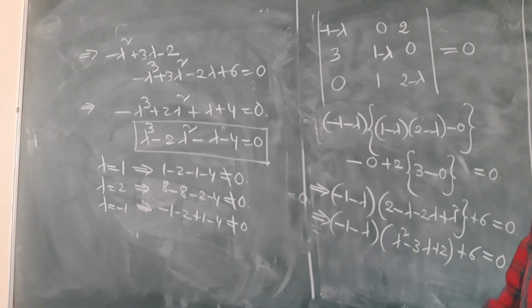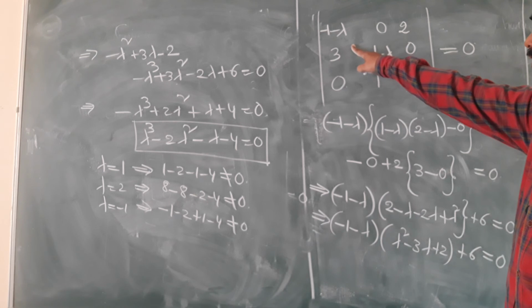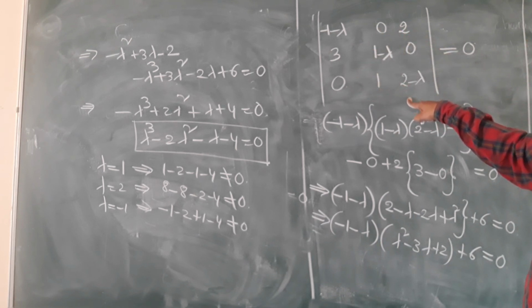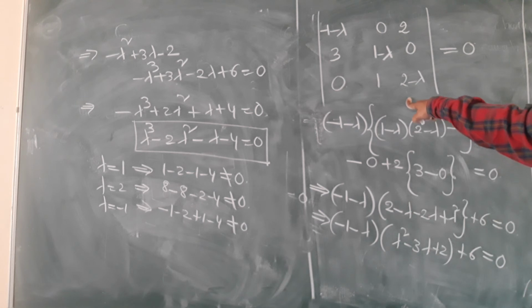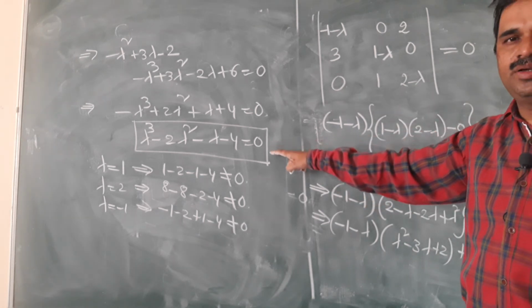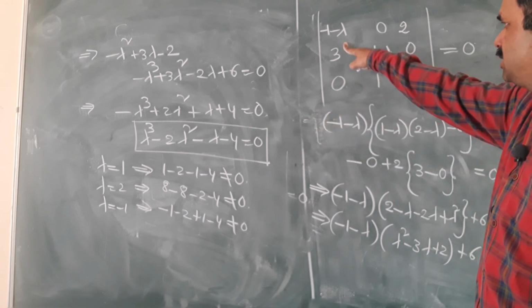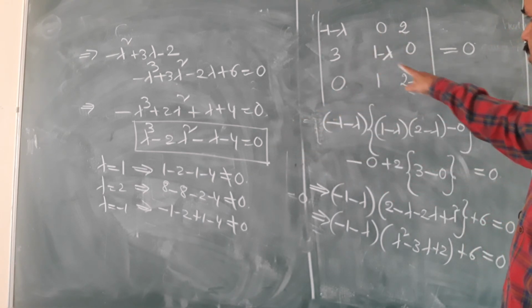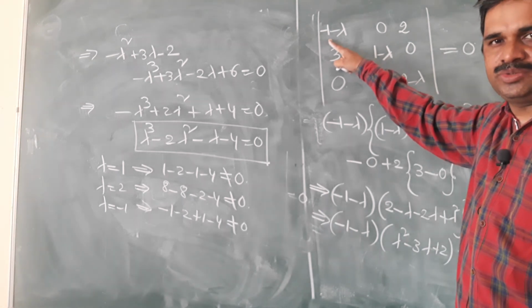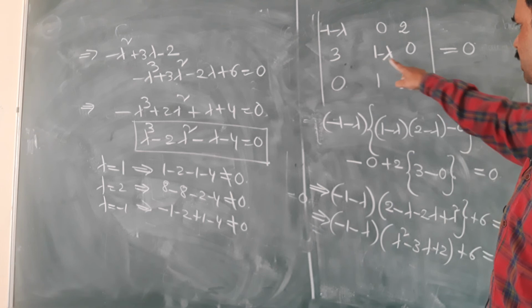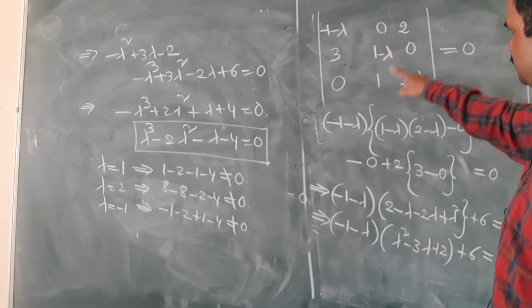So very simple. We have the determinant of a 3 by 3 matrix, so obviously we get a polynomial of degree 3. Minus 1 minus lambda into AD minus BC: leave this column and this row, 1 minus lambda times 2 minus lambda minus 1 into 0.